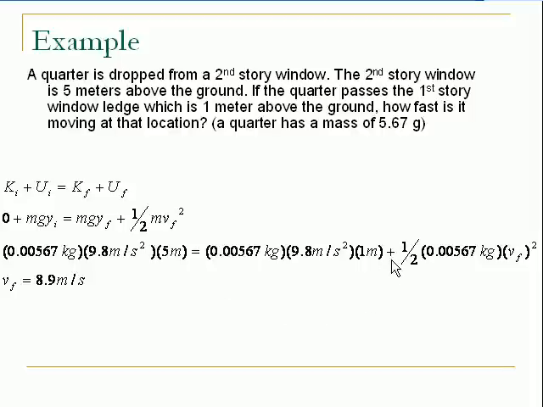And of course, we have to add in its kinetic energy because it's moving at this point. Now, with this equation, I should be able to figure out how fast the quarter is moving. I can solve for vf. I can rearrange everything and solve for it, and I find that the velocity at the 1 meter mark above the ground, at the first story window ledge, is 8.9 meters per second.